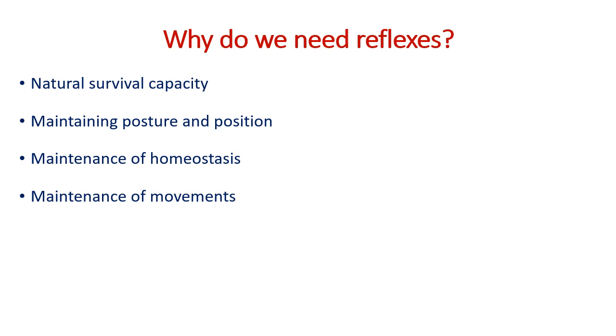So now we have studied reflexes, all the different types of reflexes. What is a reflex? What are the different classifications? What is a reflex arc? What are the sensory receptors, the muscle spindle and Golgi tendon organ? How does the muscle spindle play a role in the stretch reflex? What is the inverse stretch reflex? What is the function of the Golgi tendon organ?